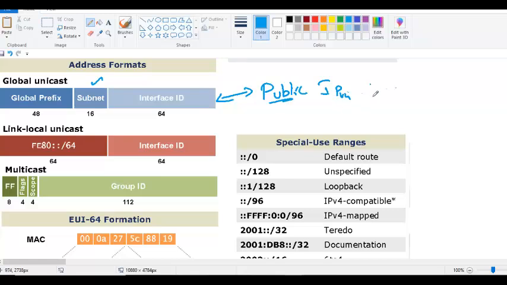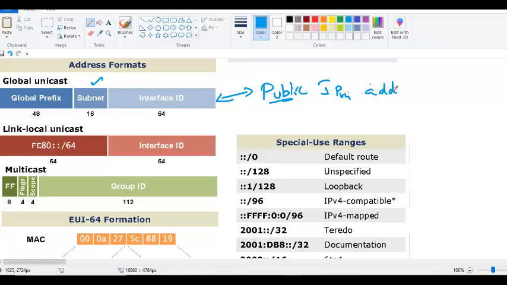That's why you see the word global, public, unicast address. And these addresses will always start with 2000. All global unicast addresses will start with 2000 colon.